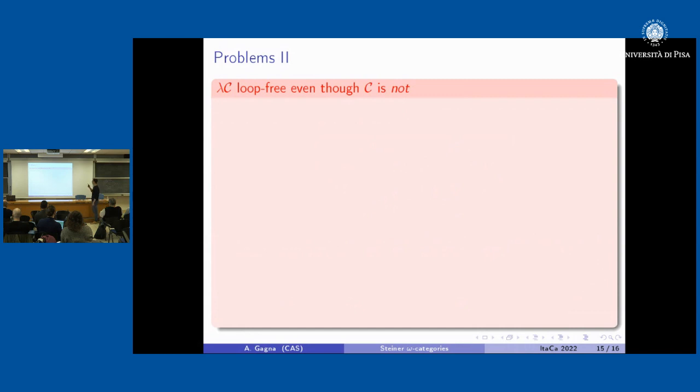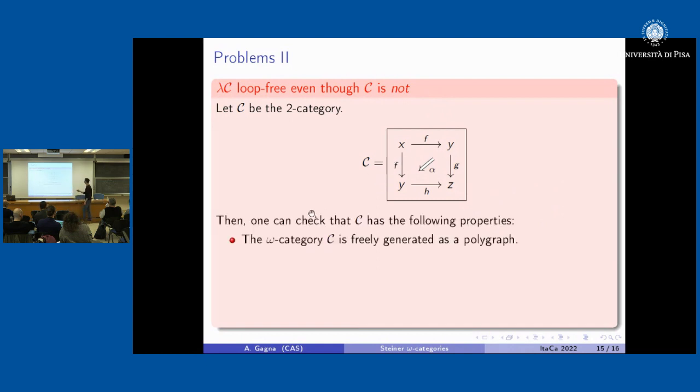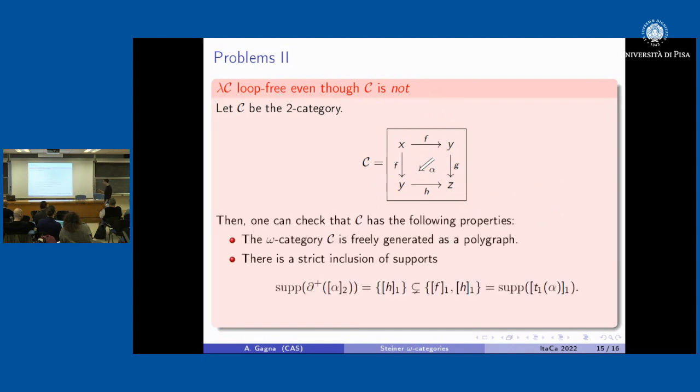And it's always true that if C is loop-free as an omega category, in a strong sense, then lambda C is loop-free. But the contrary is not true. If you take this very simple example, you see that at the omega categorical level, F is both in the source of alpha and in the target of alpha. But if you compute what happens in lambda, the boundary of alpha is H plus F minus G minus F. So the class of F disappears.